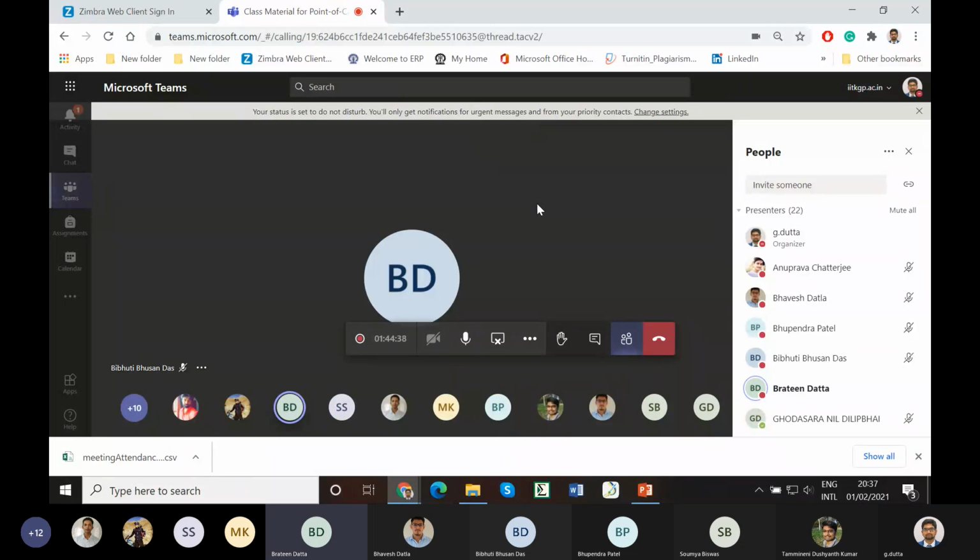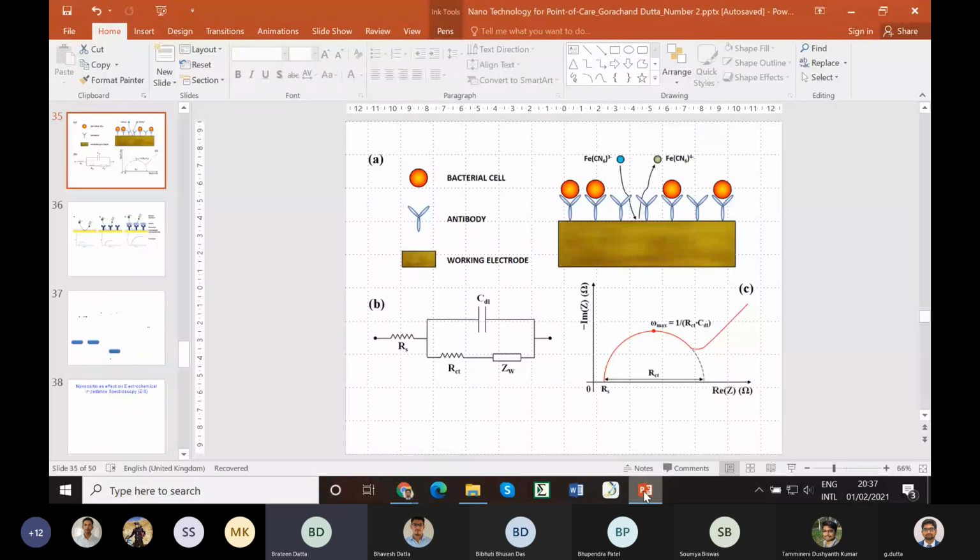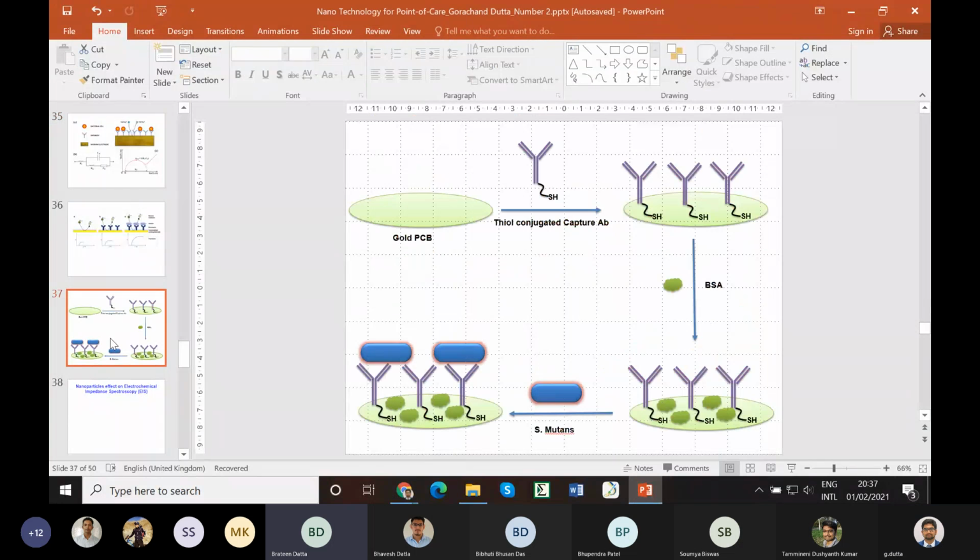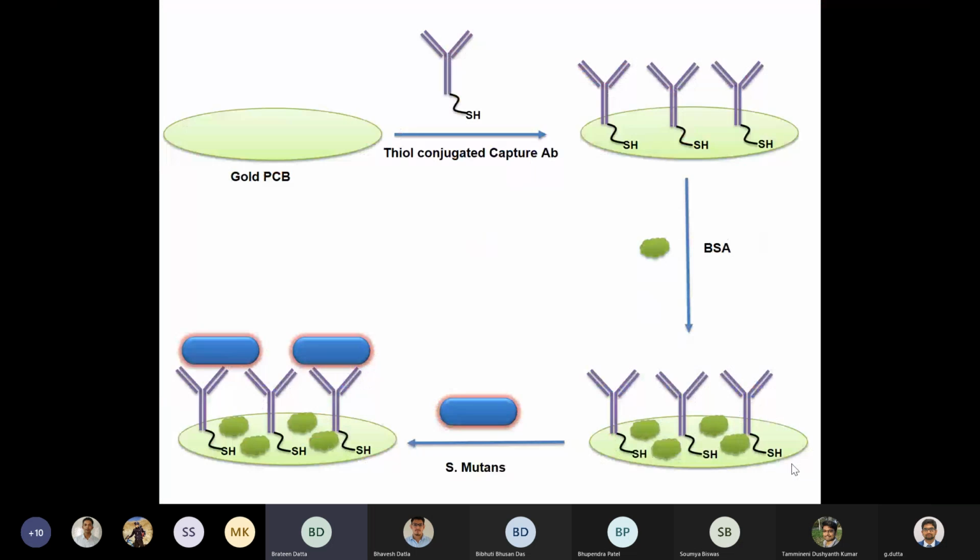Sir, in this particular method, you used gold thiol group interaction. So, does the bioconjugation method affect the final RCT value? Bioconjugation means which one? I mean, this thiol or maybe some amine group. See, when you are developing a biosensor, these things should be constant, always. Yeah, it can affect.